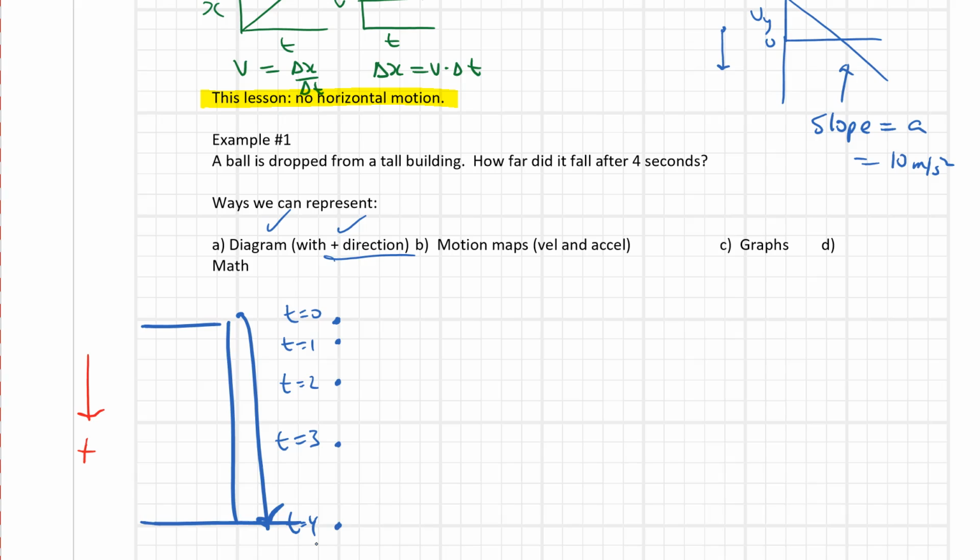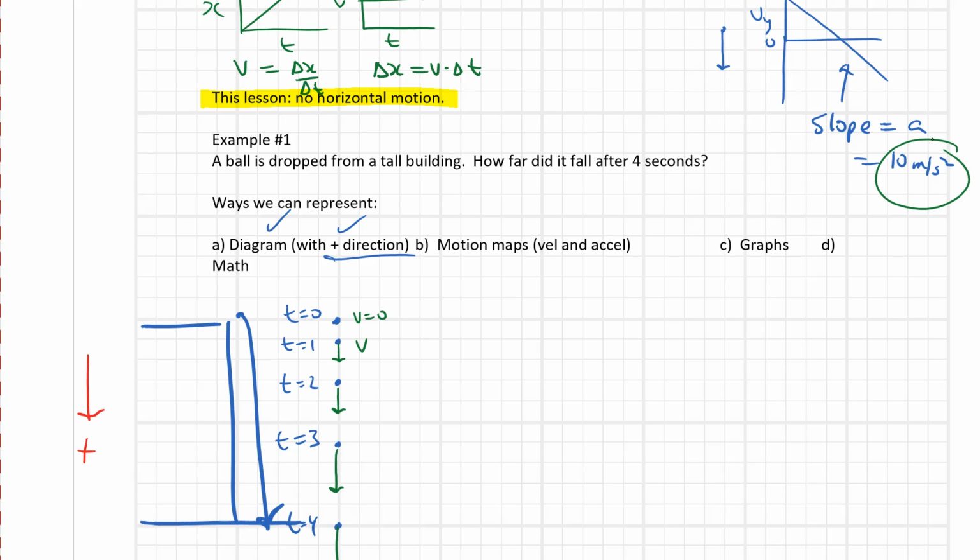When I'm talking about the motion maps, I can add some velocity in there. So for the velocity, maybe I'll pick some green for that. This is growing. Here the velocity is 0 to begin with. Remember, it's accelerating at 10 meters per second every second.